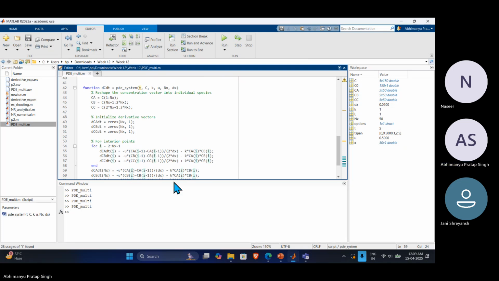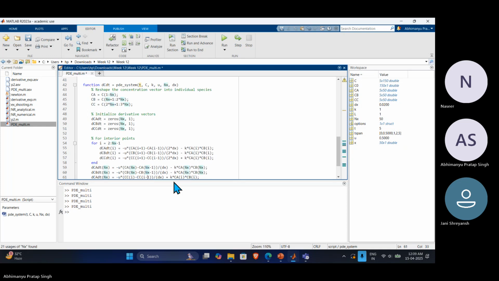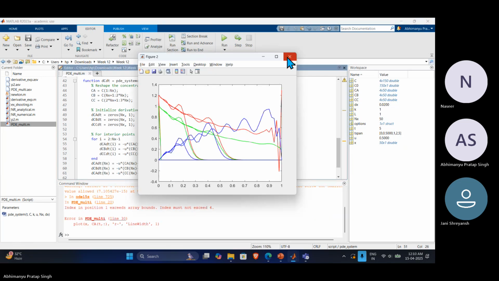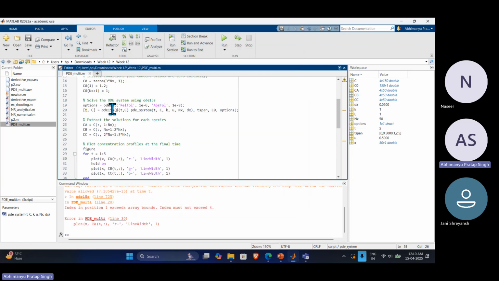Yeah. So we get these advective terms and eventually it becomes unstable.